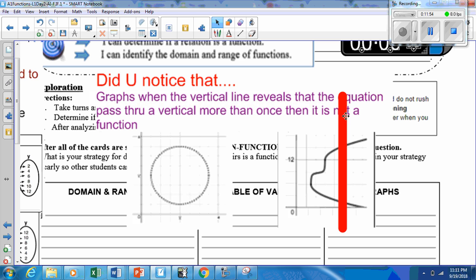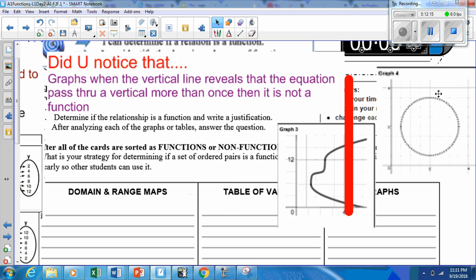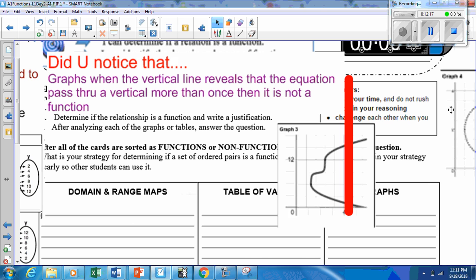So we have to say that with the vertical line test, when it passes through 2 or more areas, we conclude that it's not a function. Put that away. We get 2 counterexamples, these 2 counterexamples right here.